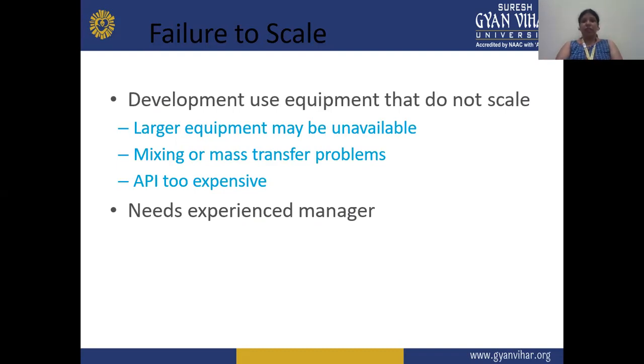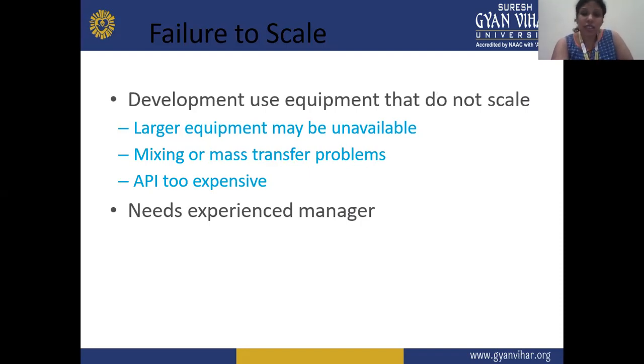So there are multiple chances of failure related to technology transfer. If the API is too expensive, we may have used it on a small scale, but on a large scale it is very difficult to use and optimize it.